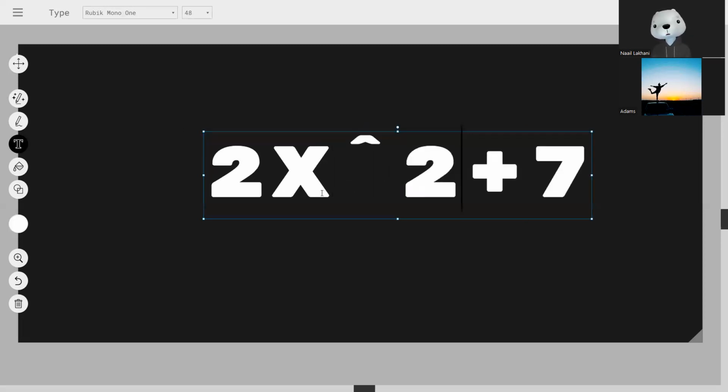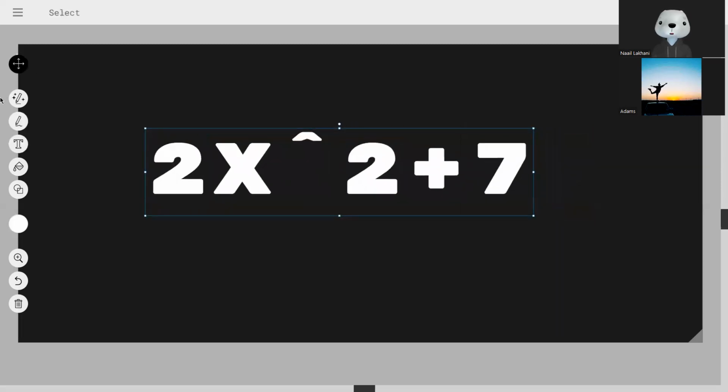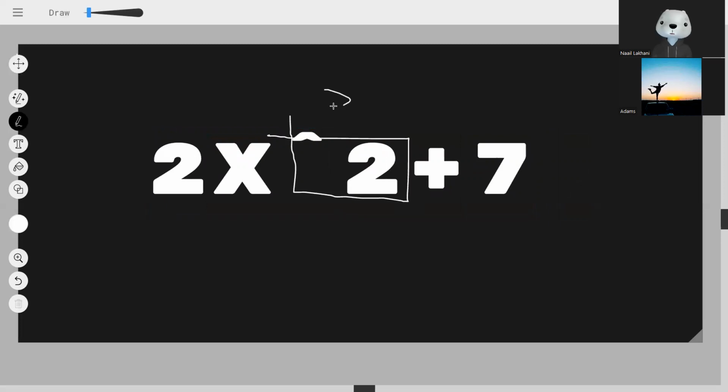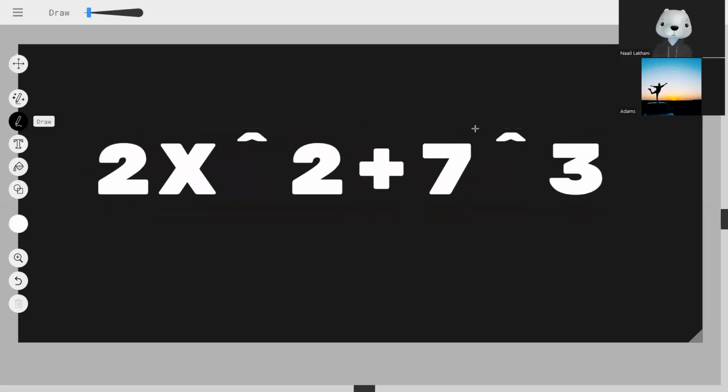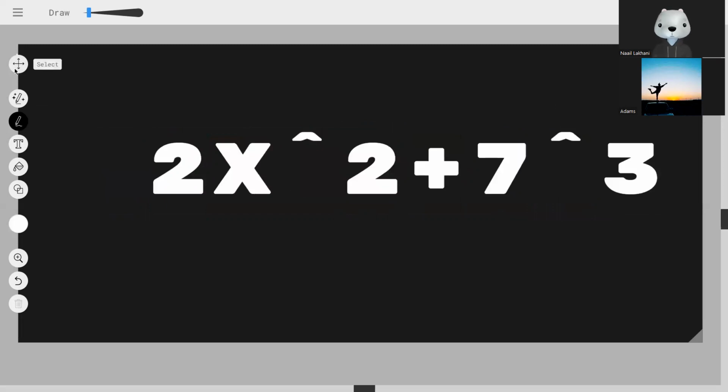So this shows 2x to the power of 2. Now I want you to find the degree. We know the biggest is power 2, so its degree is 2. For example, if 7 had a power of 3, then the degree would be 3, because it's the biggest exponent it has.